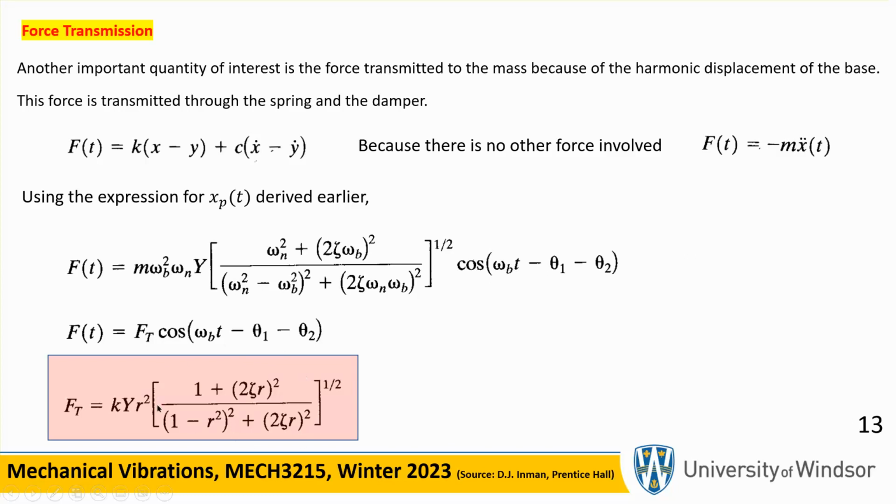This expression is what we had as force transmission Ft over F naught. When you have a moving base, then there's a constant. You can think about this in alpha, but there's also r squared. So this form is a little bit different from what we did earlier today. However, it's derivable from that, but I'm not going to do it.